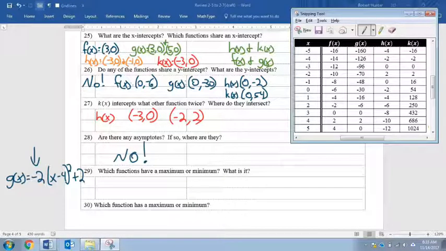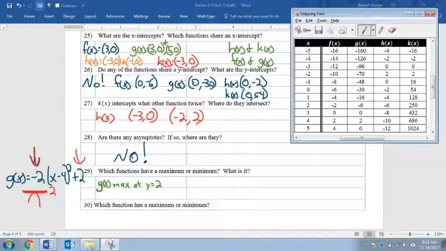Alright, so the two things you've got to look at: the a value is negative, so it opens down, and the d value is 2. So that means it's right there at 2. That's the highest it gets. So g of x has a max at y equals 2. Alright, so that's g of x.